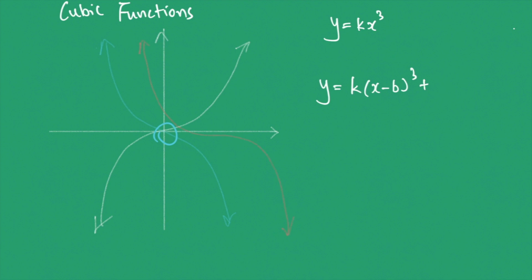It will turn out something like this. If another number is added to the function outside of the cube, it goes either upwards or downwards. For example, if c is 2, it will turn out to be something like this.